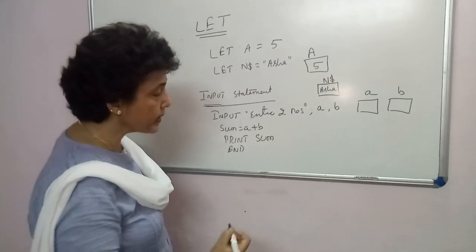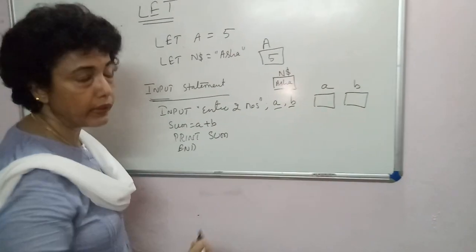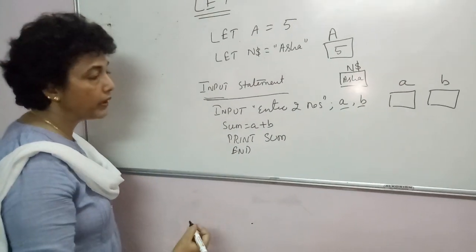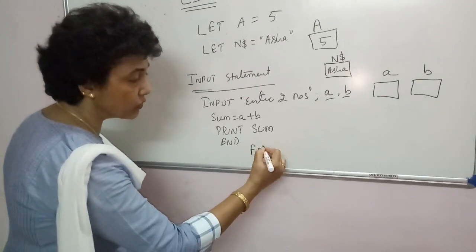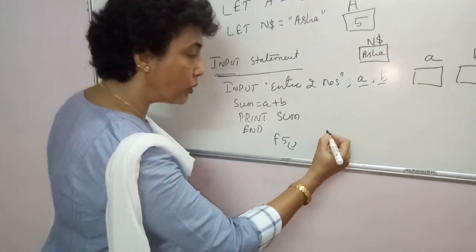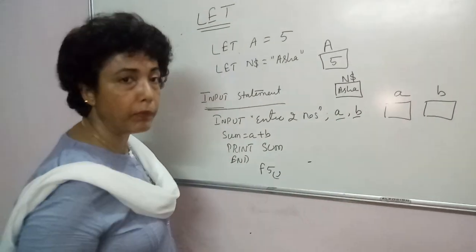As you can see, I have only taken the variables. I have not given any values. Now when I execute this program by using the function key F5, I will see on the output screen the cursor blinking.